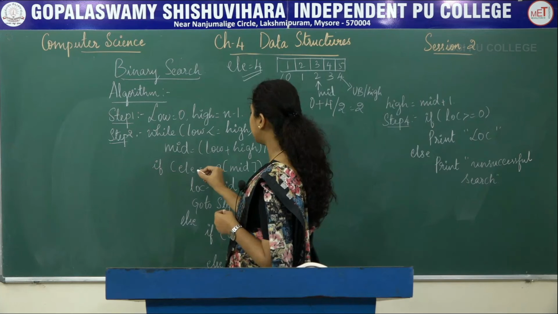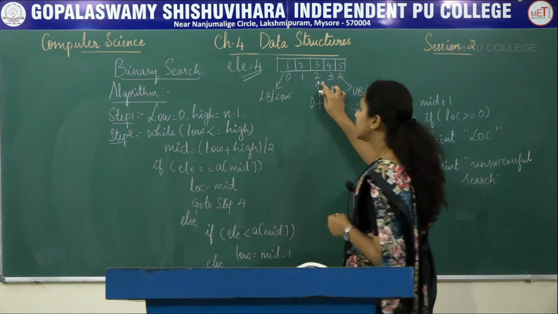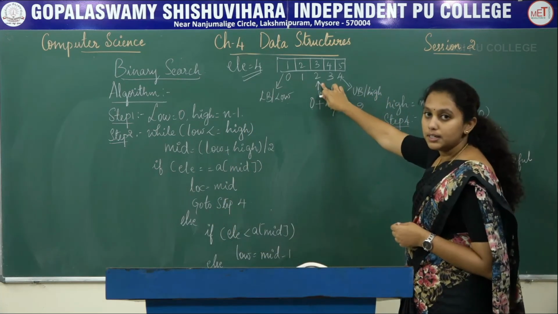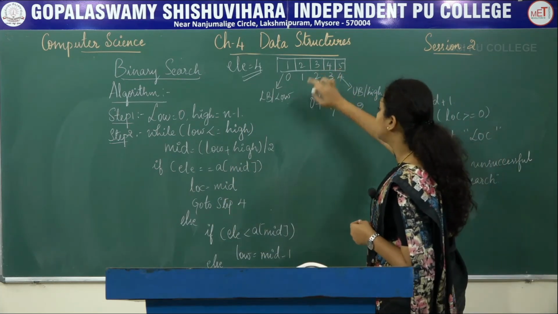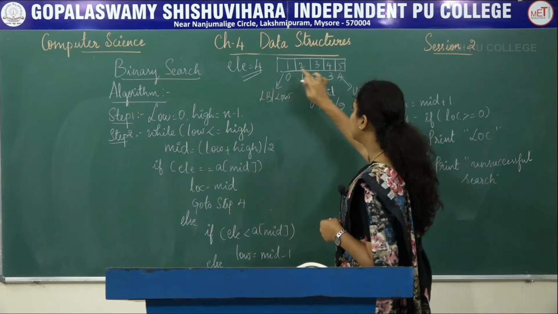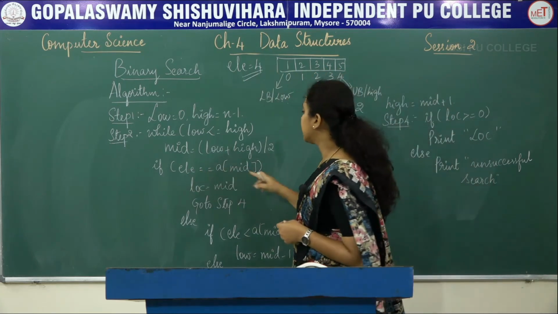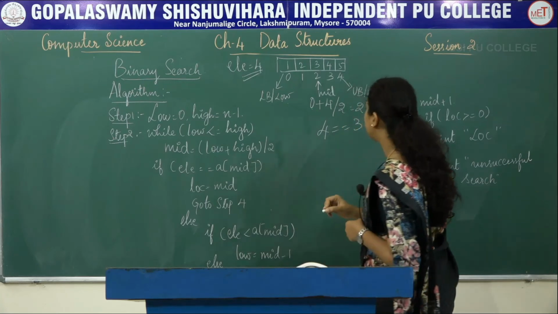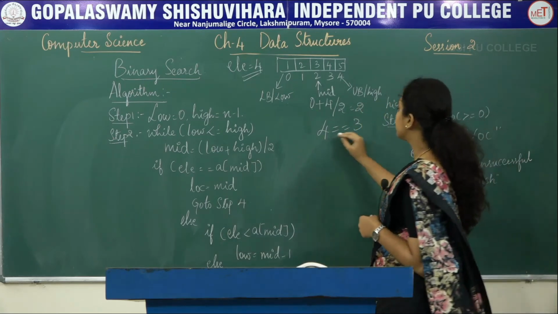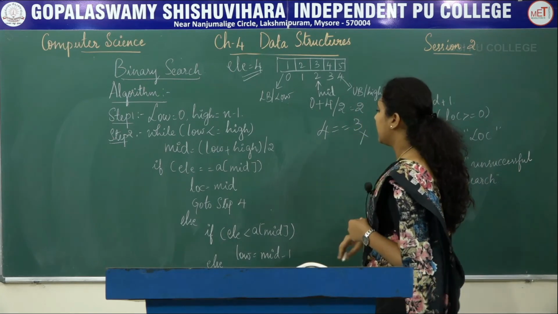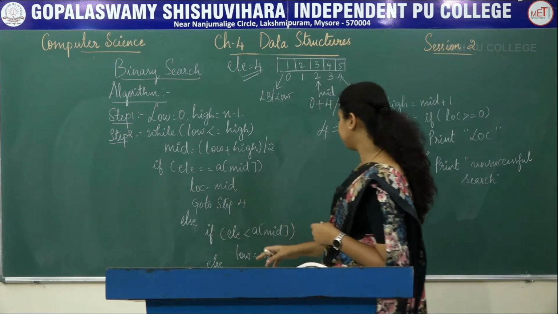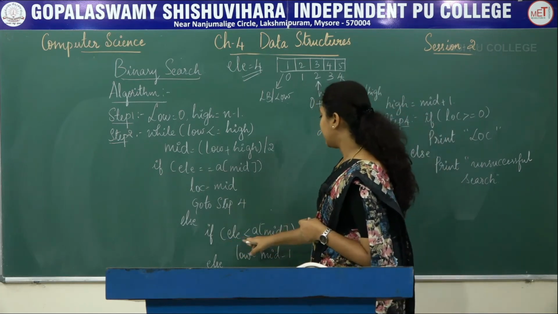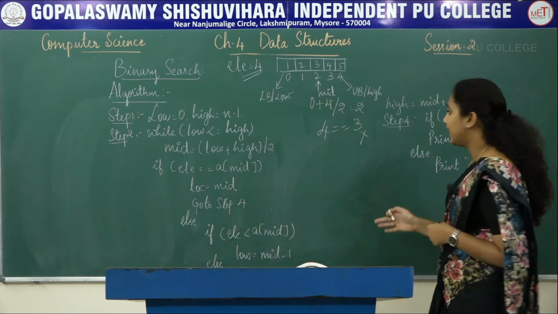I am comparing that element with the mid number. So what is the mid number? Mid element, that is 3. I am comparing 4 with 3. Is 4 equal to 3 or not? Hence 4 is not equal to 3, hence we are going to check whether element is less than or equal to A of mid.